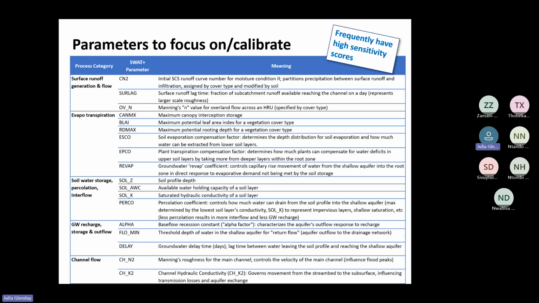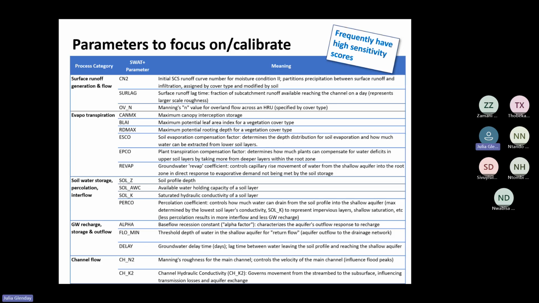You can allow them to do that or not, depending on how deep you think the roots would be for that vegetation type. And then from the soils, the soil depth is quite an important one, along with available water holding capacity, the conductivity of the soil, and something called the percolation coefficient. That controls the rate at which water can drain from the soil into the aquifer, to represent what we think is happening between the upper soils and where the aquifer is, all the material in between, and whether it's blocking recharge at all.